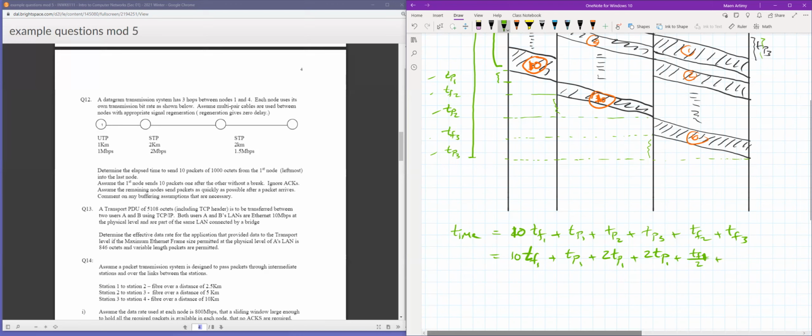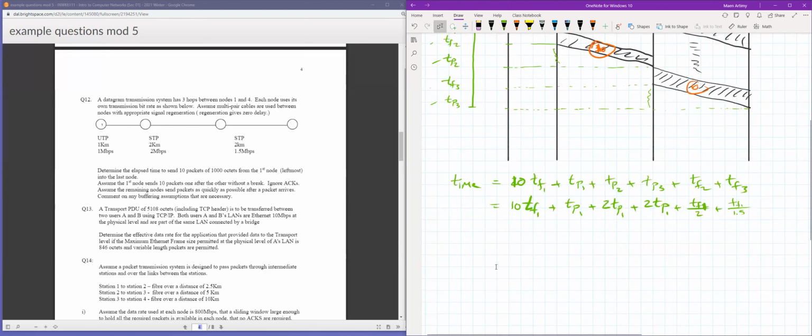And finally, the TF3 is actually TF1 over 1.5. If you want to simplify this further, I think you can do the rest by yourself. So this is 5 TP1, and then you figure the rest.